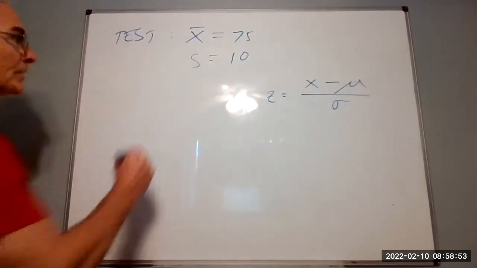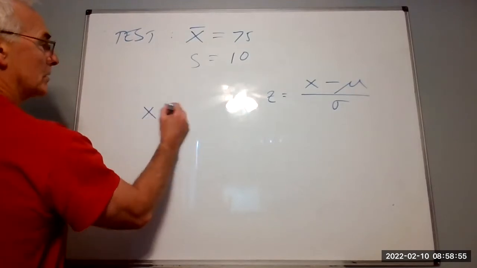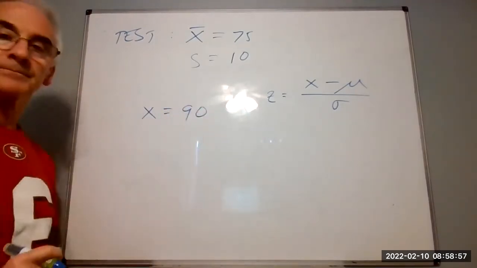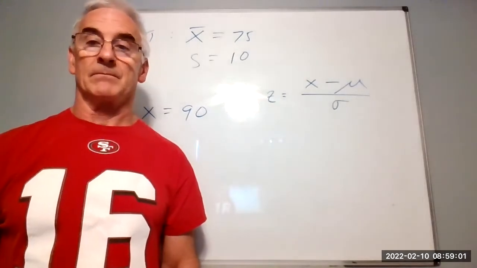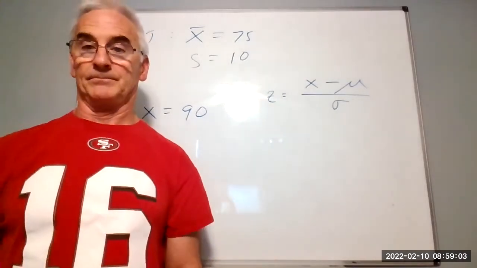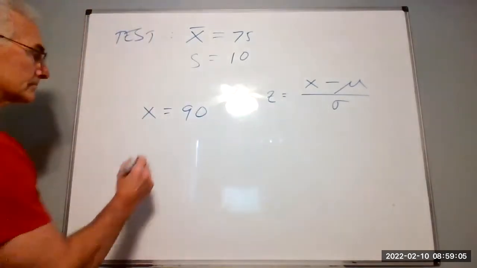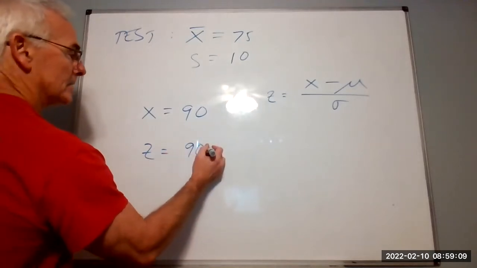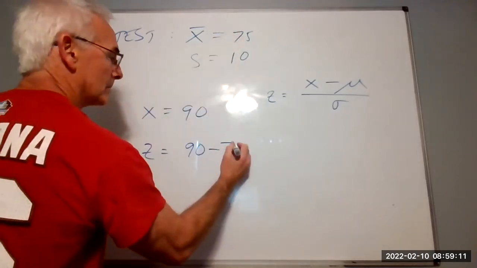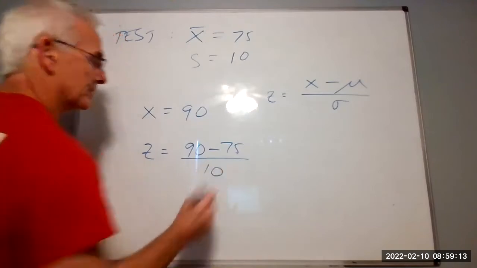You individually, your score was a 90. What is your z-score? Your z-score would be 90 minus the mean divided by the standard deviation.